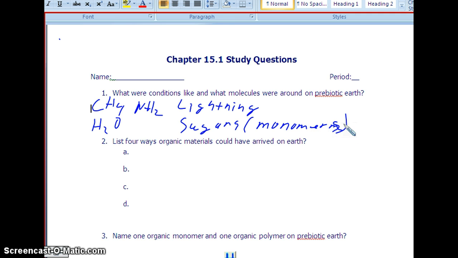Four ways organic materials could have arrived on Earth. First, it could have come from space, from the comets. It could have come from volcanoes. We also could have had it from the hydrothermal vents.